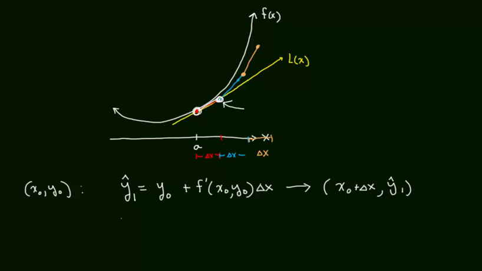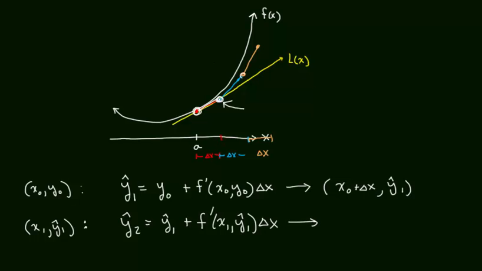Then we do it again. Let's write the next point, which is x1 comma y hat 1, and our next linear approximation segment will be y hat 2, which will be the y hat 1 as a starting point, plus f prime at this x1 comma y hat 1, and again we'll go out change in x, which will bring us to this point here, which is x1 plus change in x, comma y hat 2.